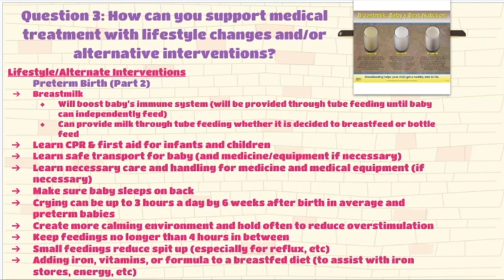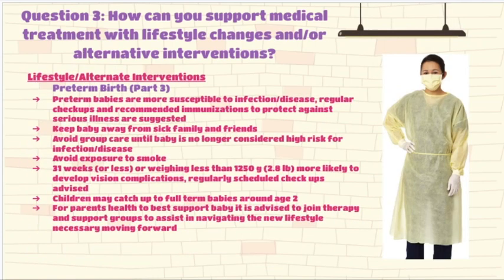Babies are suggested to be kept away from sick family and friends and avoid group care until the baby is no longer considered a high risk for infection or disease. It's also best to avoid exposure to smoke with preterm and the average term baby, as again, their lungs are still developing and it can cause a lot of damage.